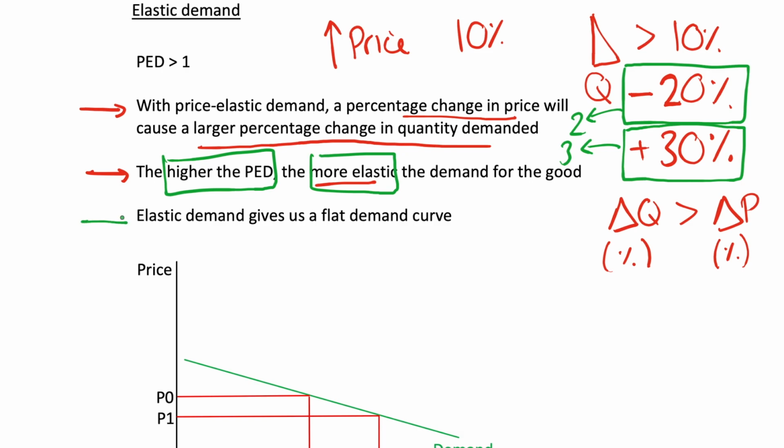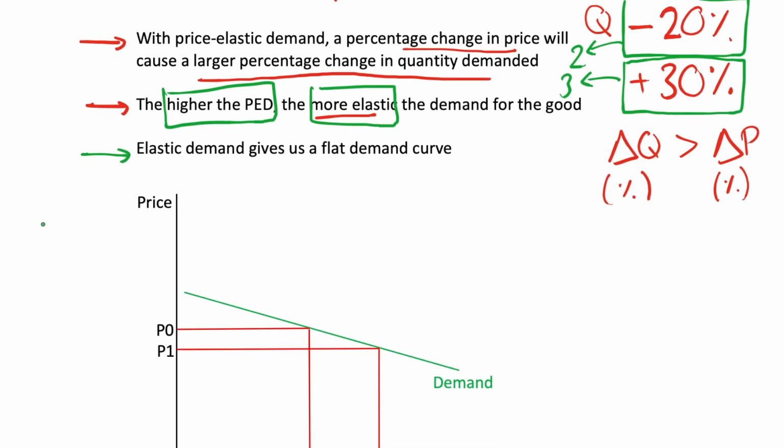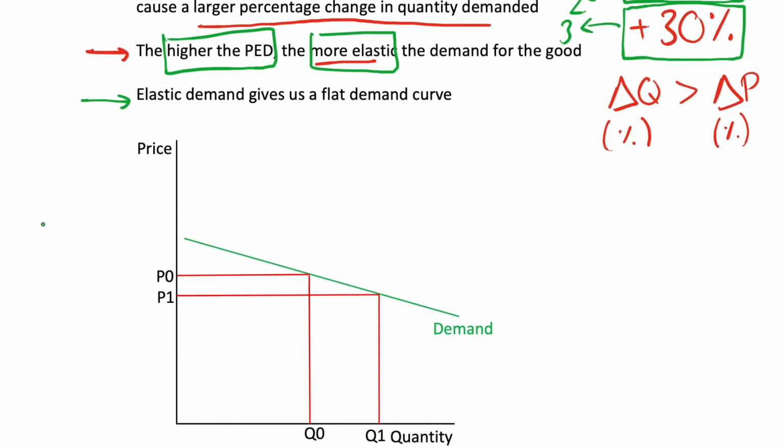So one other thing to note here is that an elastic demand gives us a flat demand curve. The price elasticity of demand is going to govern the slope of our demand curve. And the impact that having elastic demand has is that it gives us a flatter demand curve. So we've drawn up an example of an elastic demand curve.